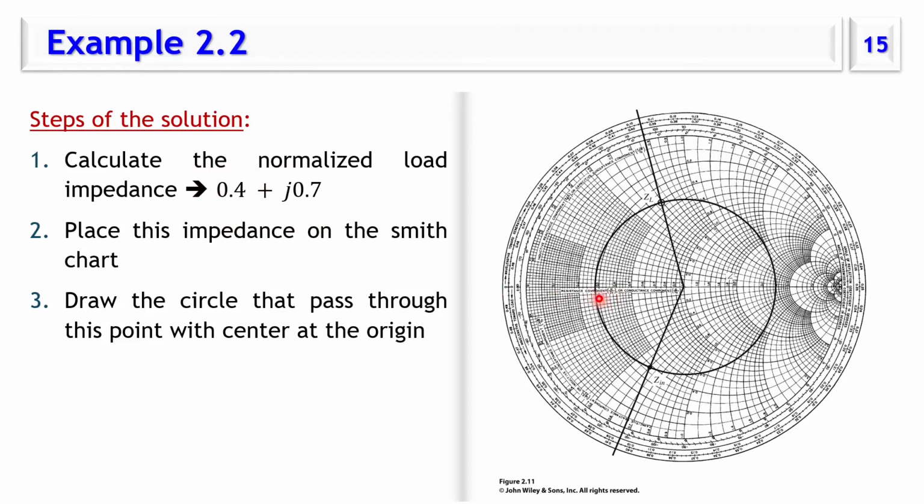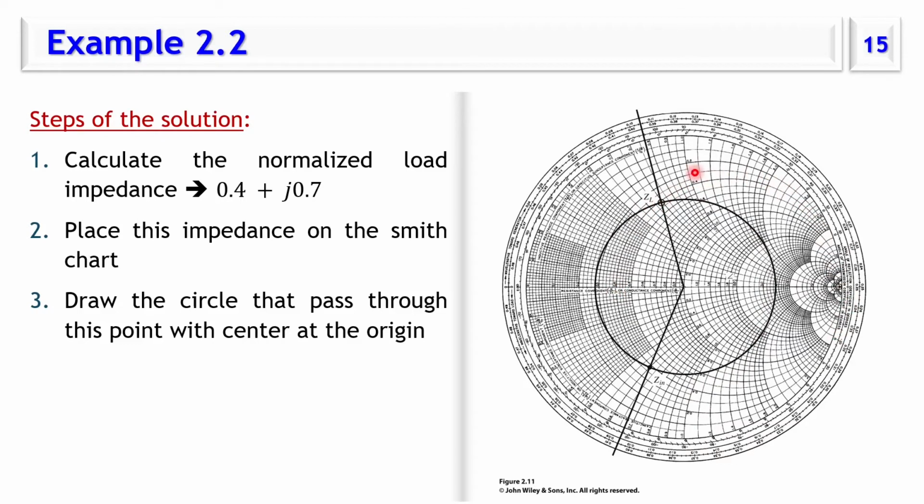We have the circle of 1, circle of 0.9, 0.8, and so on and so forth, till we find the circle for 0.4, which is this circle here.